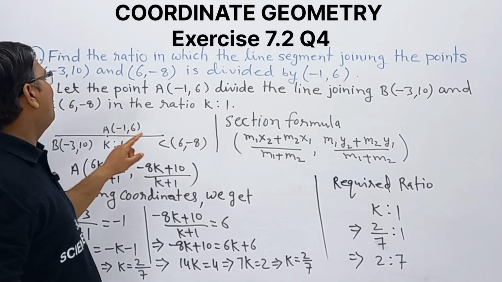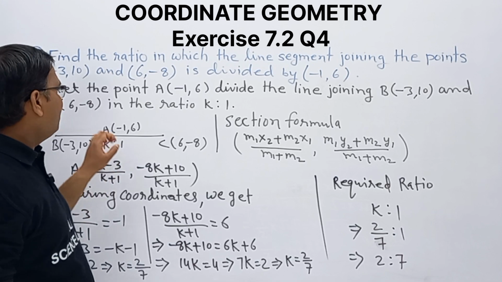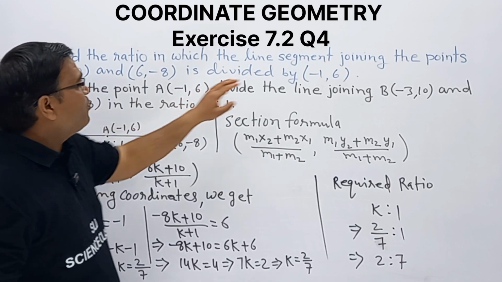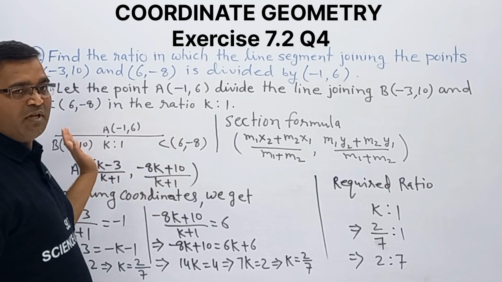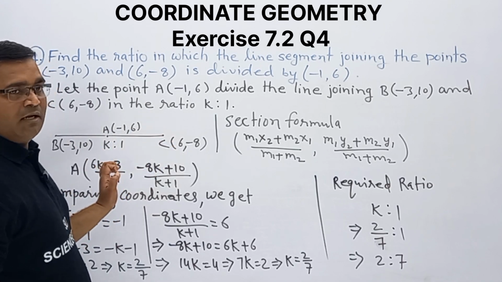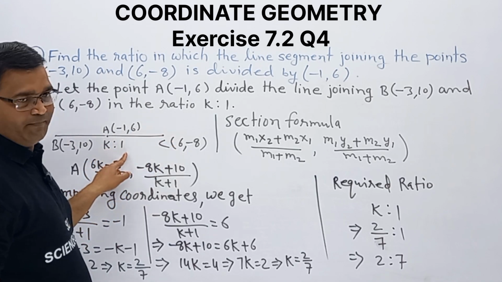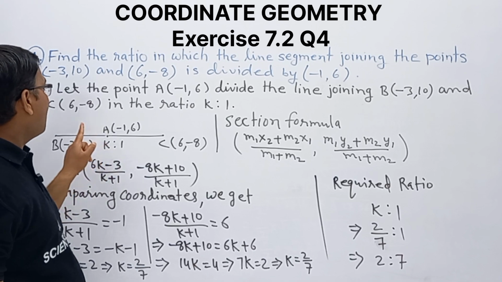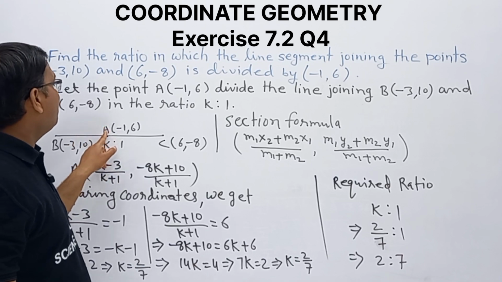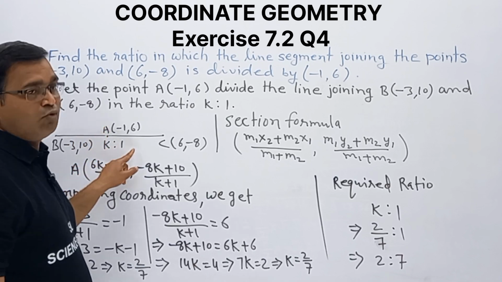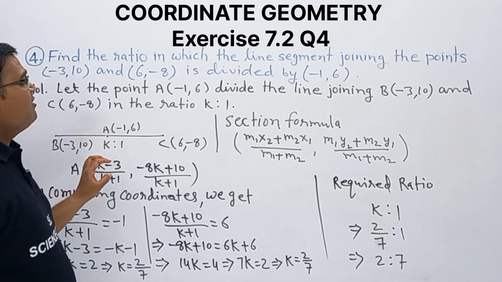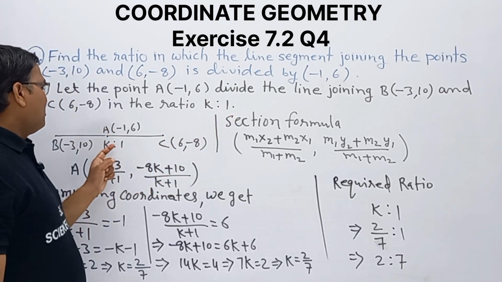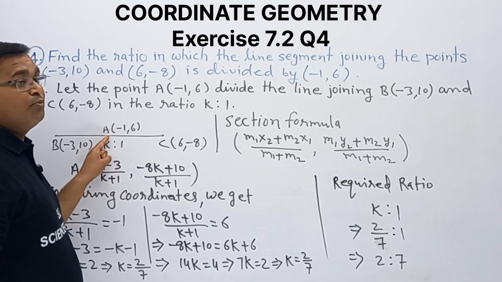We assumed that point is A, and this point divides the line segment in the ratio k is to 1. We require this ratio. So first we use the section formula to find the coordinates of this point.